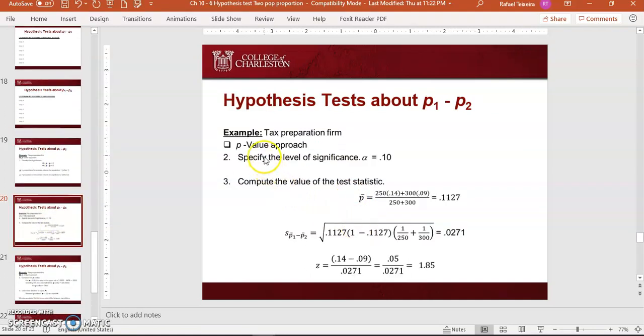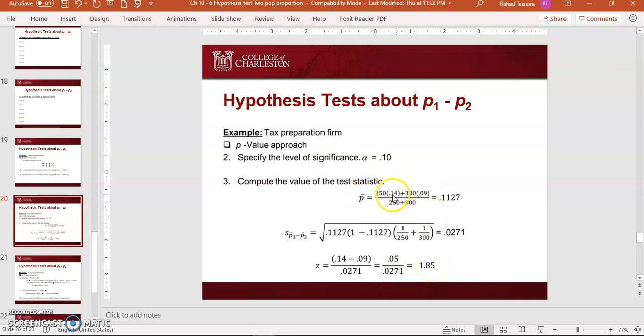Here you have the pooled estimator first, and then you get this p and plug it in here to get the standard deviation of the proportion. Then you plug this number in at the bottom, and you get the difference between the two offices. Remember that 0.05 divided by 0.0271, that's the z, 1.85.